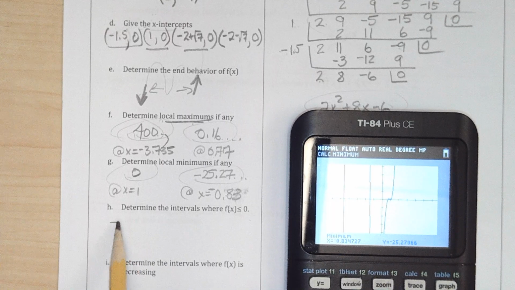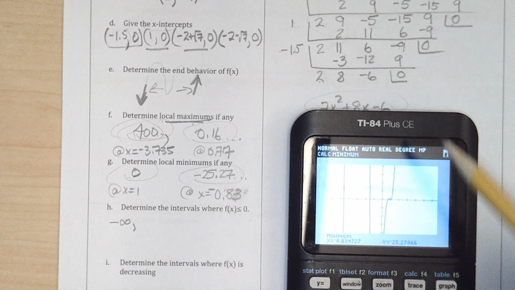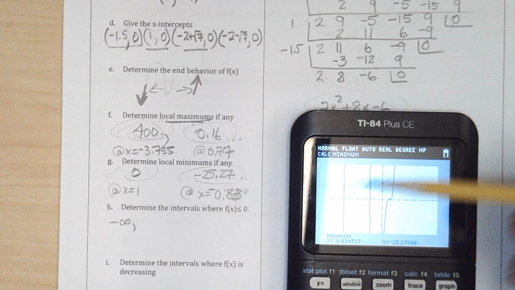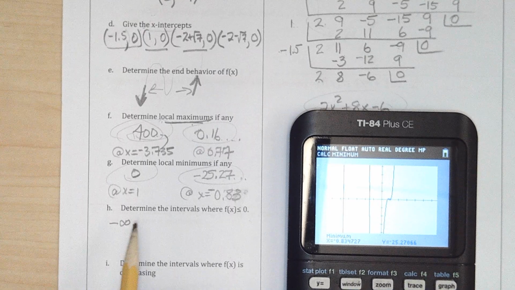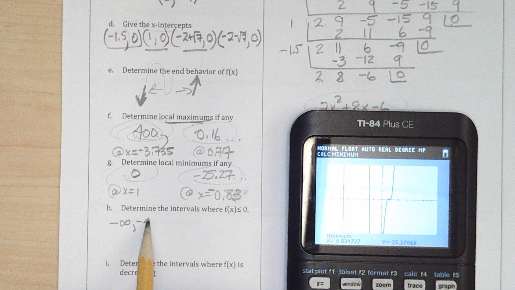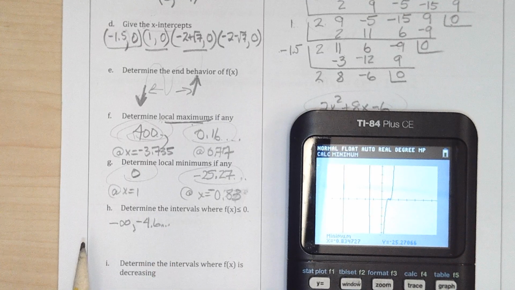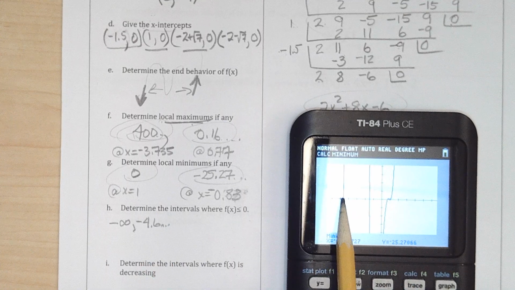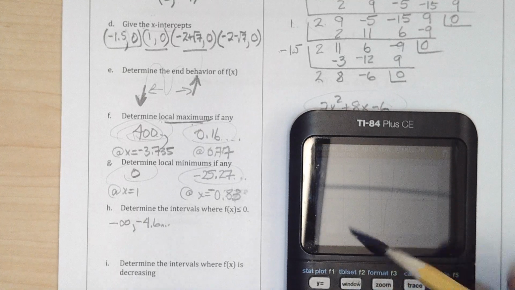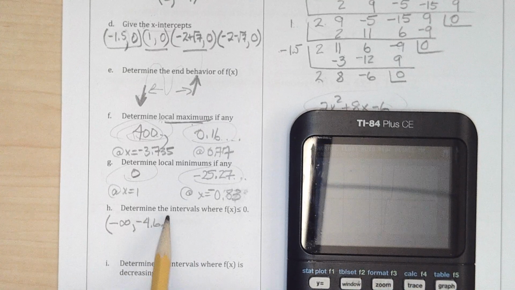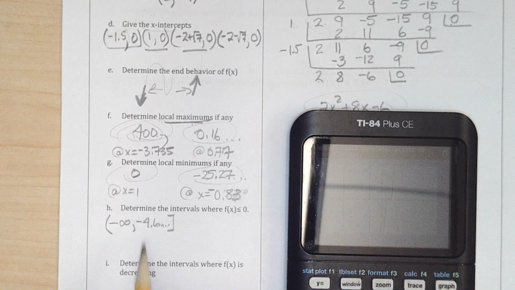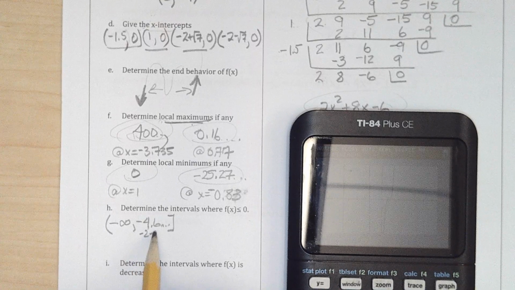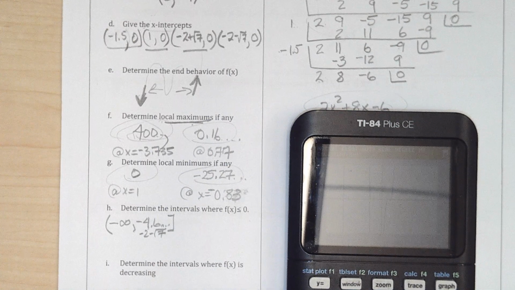So from -infinity up until it reaches 0 here, which was, if we remember back, -4.6 something. From all the way down here up to there, the y values are negative. And then equal to 0 at that 4.6 whatever. So this was actually -2 minus the square root of 7 if I want the exact value.